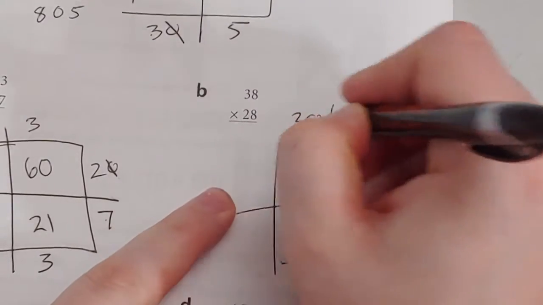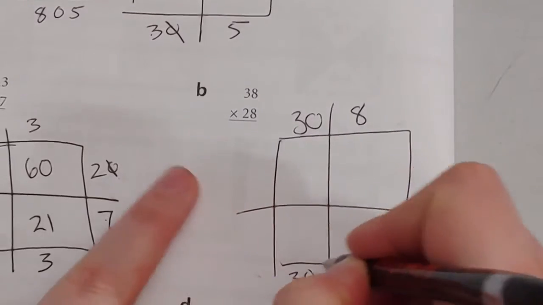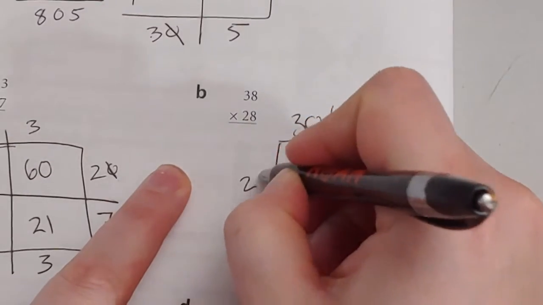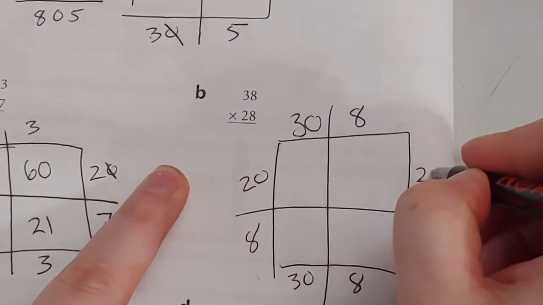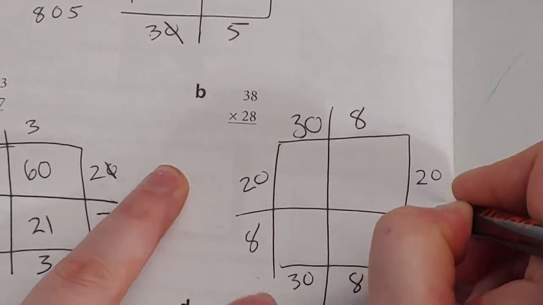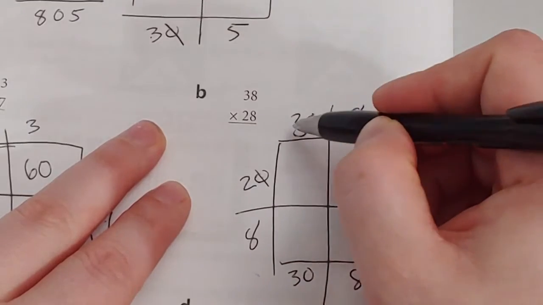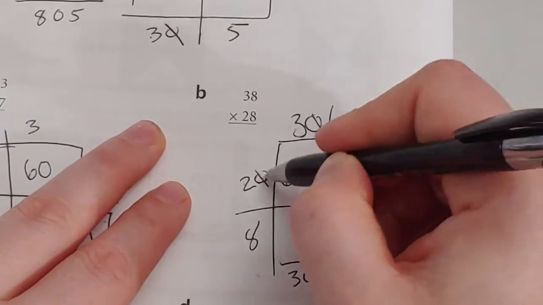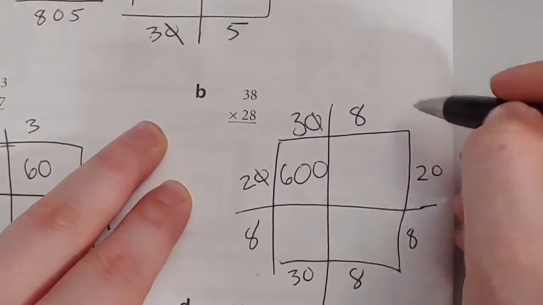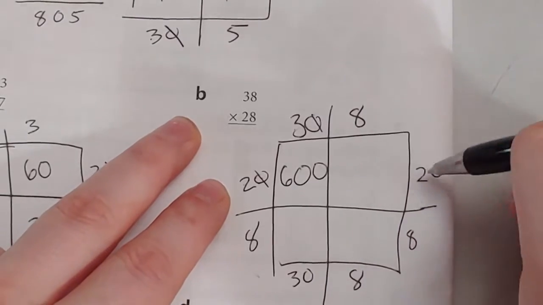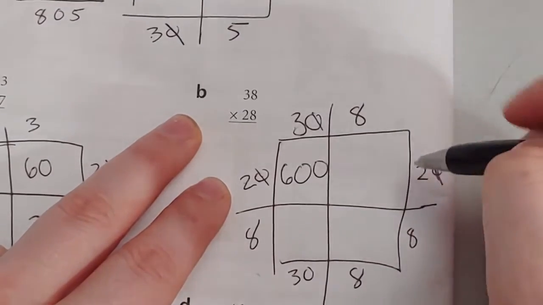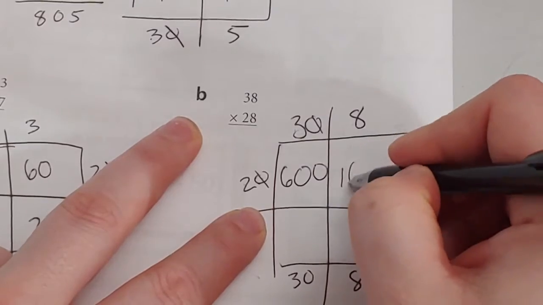So 30 and 8, 30 and 8, 20 and 8, 20 and 8. So 30 times 20, 3 times 2 is 6. Put the 2 zeros. 8 times 20. 8 times 2, 8 doubled is 16.